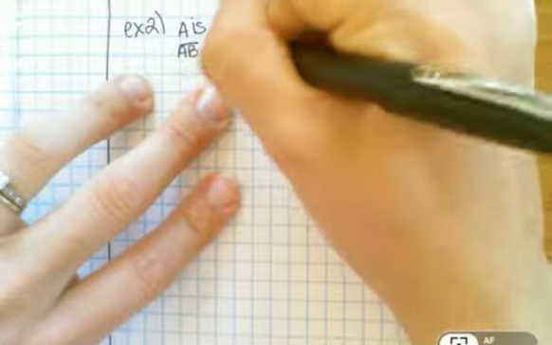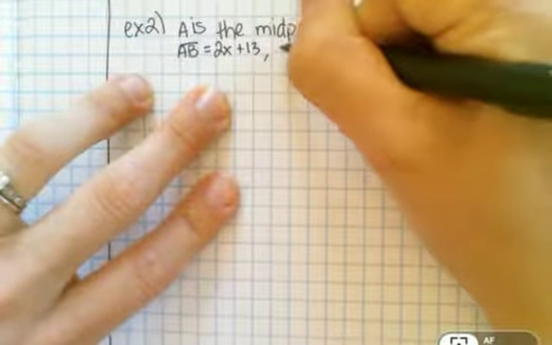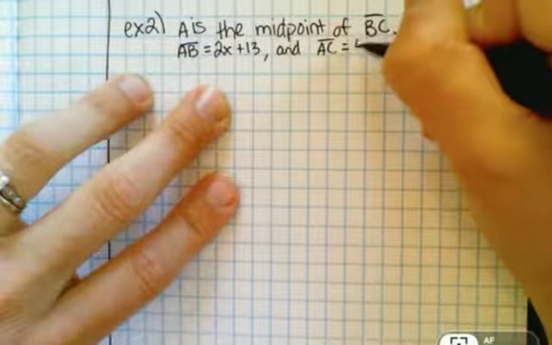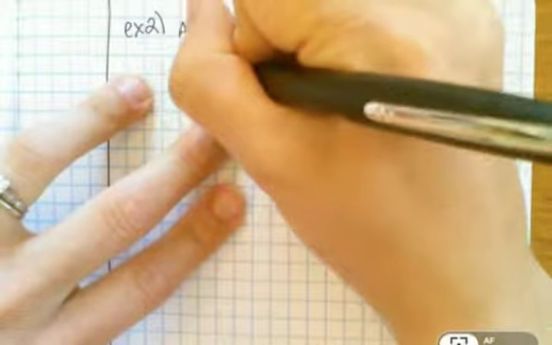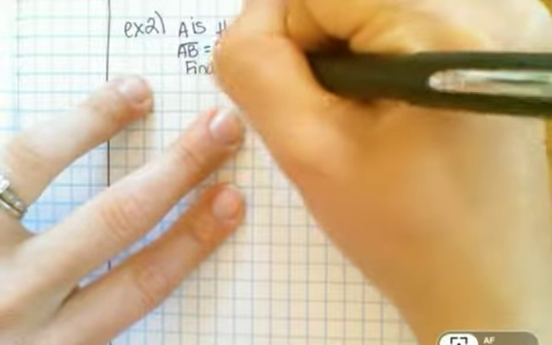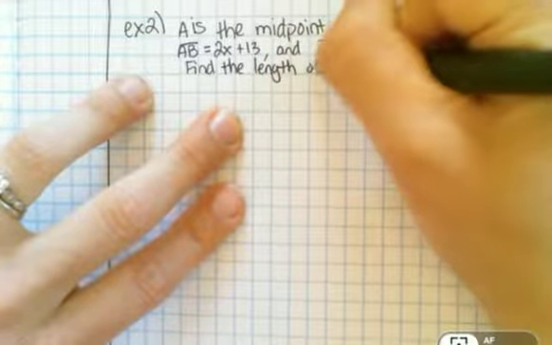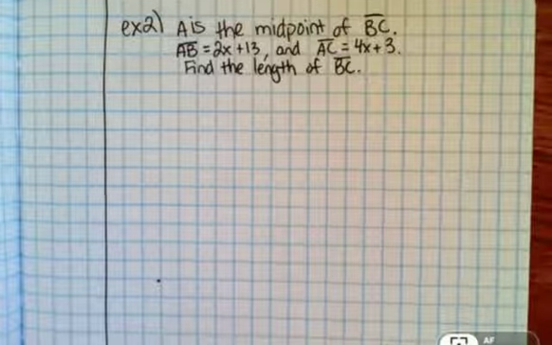AB is 2x plus 13, and AC is 4x plus 3. Find the length of BC. I'll give you a minute to copy that down.